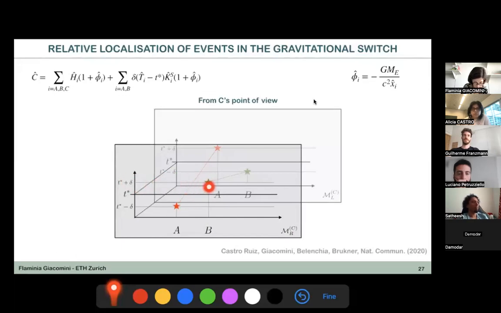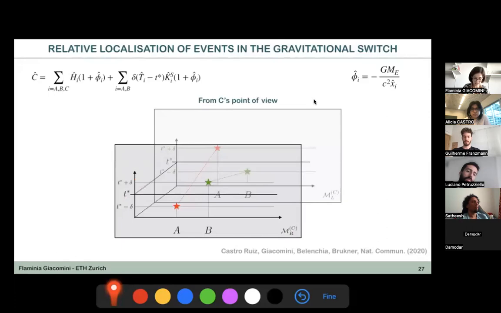So A is before B. But if the mass is on the left, then B happens at some T star minus delta, and A happens at some T star plus delta. So B is before A. A is in a quantum superposition of happening at T star minus delta and T star plus delta, and B is in a quantum superposition of happening at T star plus delta and T star minus delta. This coincides with the usual description of the gravitational quantum switch from the perspective of C.